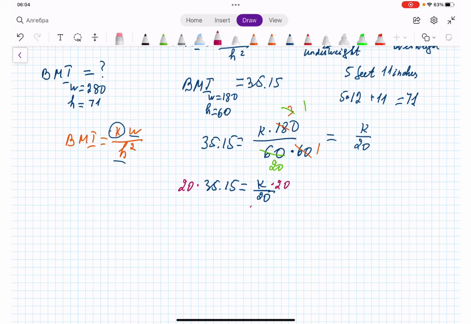This 20 and 20 are gone, and the result we are going to get is 35.15 times 20. And my K, oops, this looks horrible, let me fix it. Times 20. And we are getting 703.